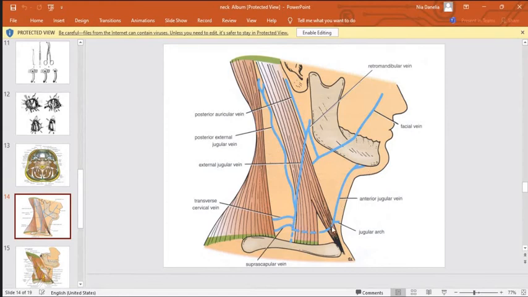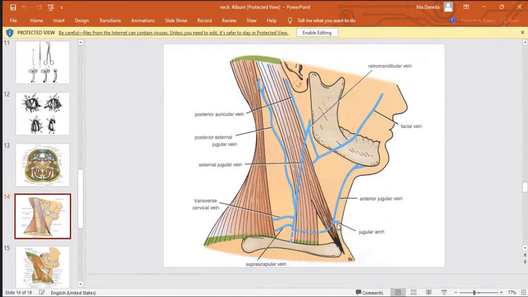The anterior jugular vein, we have told, takes origin from the submental triangle. We have two, passing down both sides of the midline of the neck, which are communicated to each other by the jugular venous arch. And we have told why the location of these veins is clinically important, because the outer wall of these veins is closely connected to the fascias.